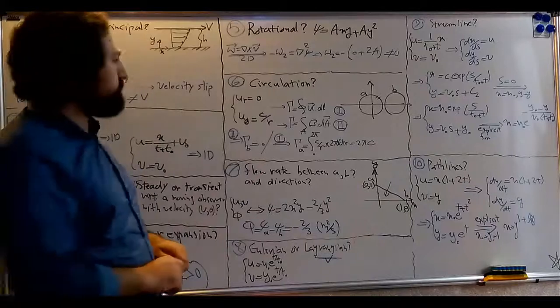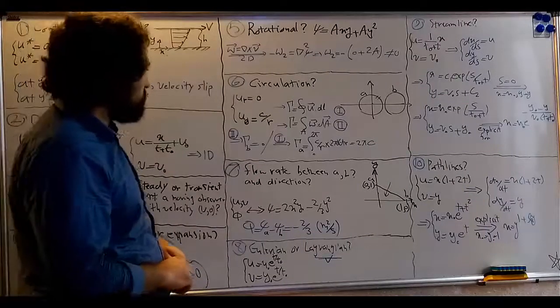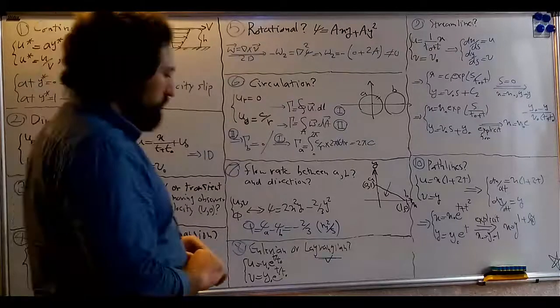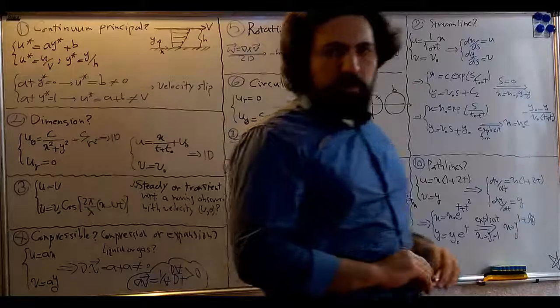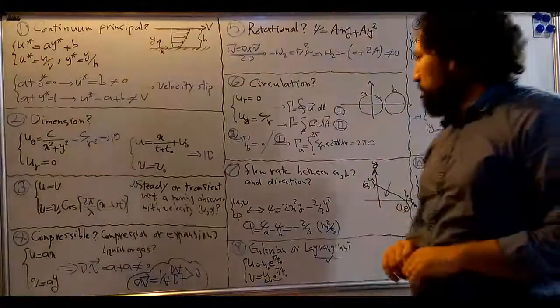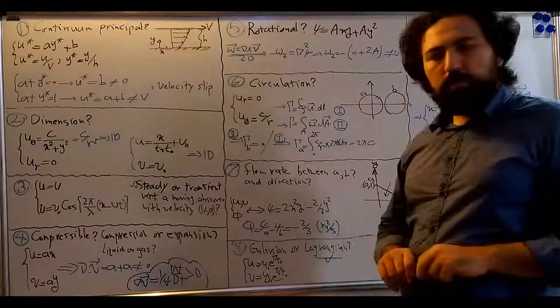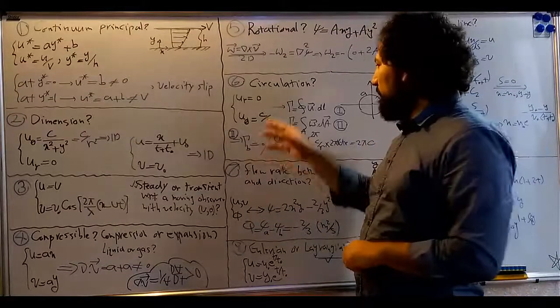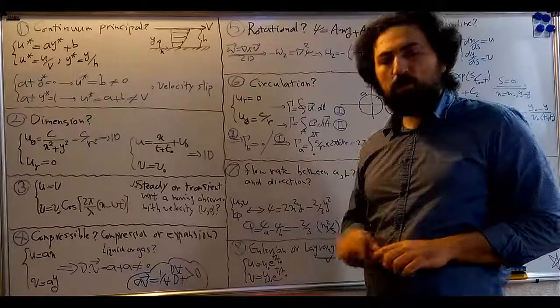Question number 6 is about circulation. This formula denotes the well-known free vortex. And as you know, the free vortex is an irrotational flow field, and the vorticity of this velocity field is 0.